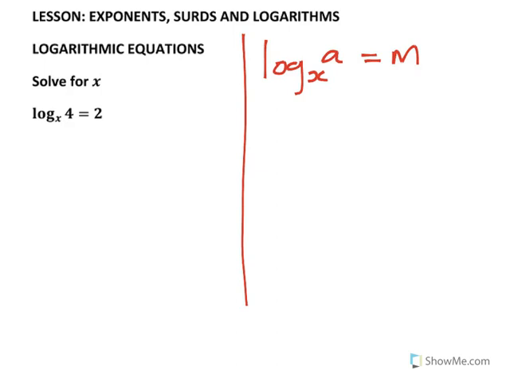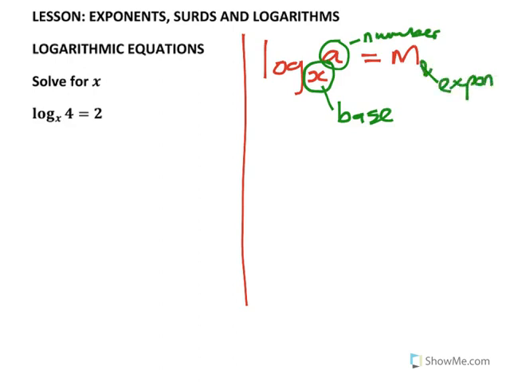When given this scenario, what you need to know is that x is a base, a is a number, and m will become the exponent. For example, let me show how it will happen. You are going to say a, which is a number, is equal to x, which is a base, to the power m, which is the exponent. Did you see how we just changed it?